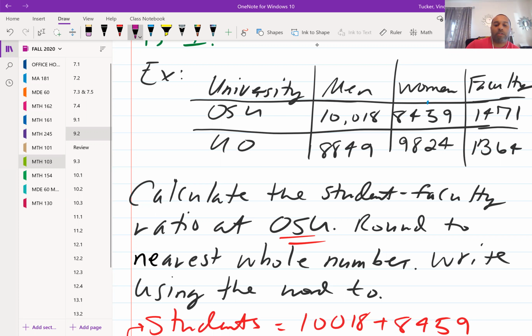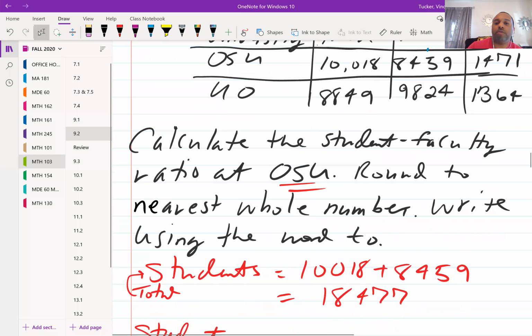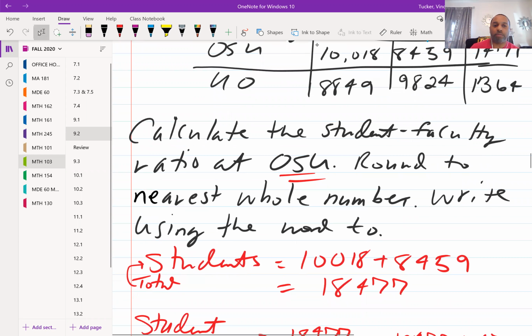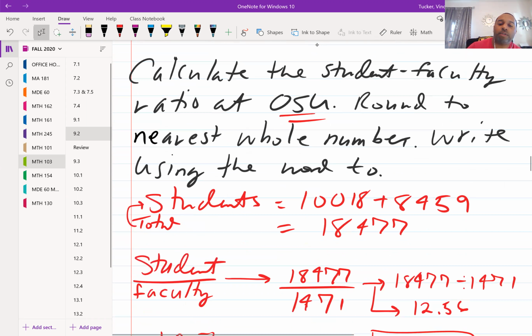All right. So we're looking at student to faculty ratio. So when I look at OSU, I'm going to add these two numbers together, 10,018 plus 8459. And that will give me the total number of students that they have at OSU, 18,477. And so I put that over the faculty, talking about student to faculty, that's student over faculty.